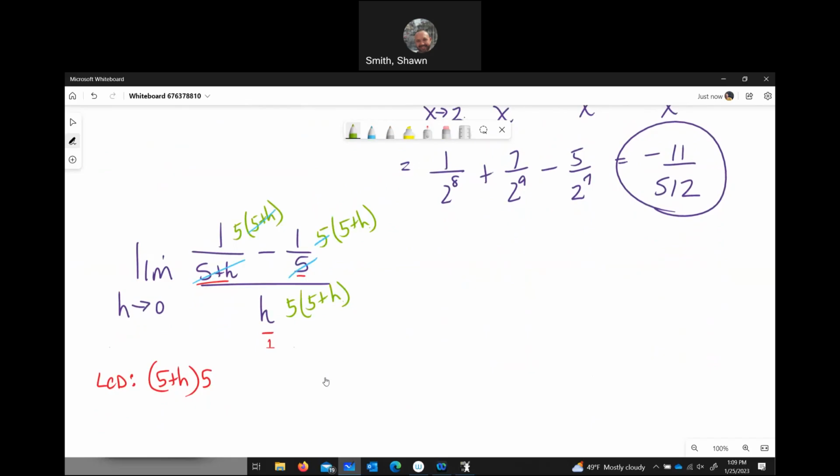And now we're left with still the limit as h goes to 0 of now 5 minus the 5 plus h in parentheses over 5h times 5 plus h.